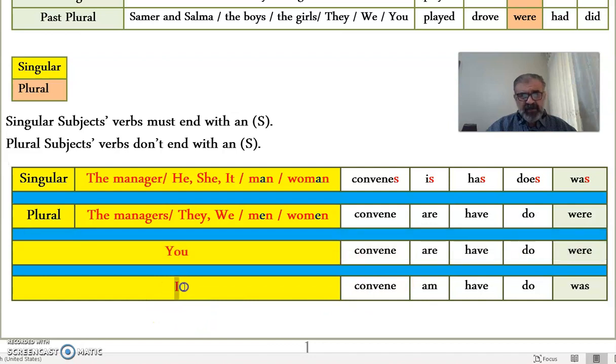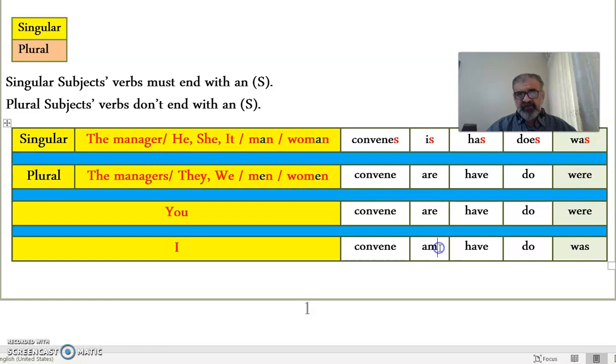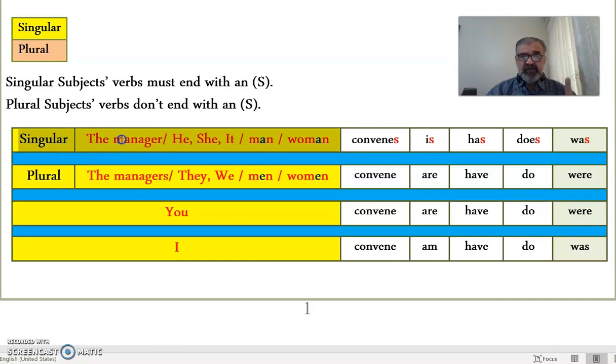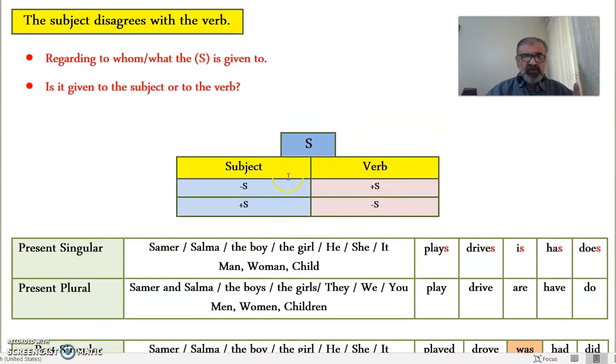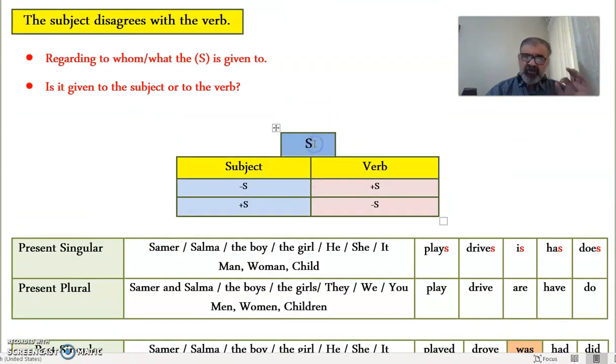Now, maybe I has only one exception with regard to the verb to be, as you can see, I am. Other than that, the rule applies simply like I said before. Okay? So this is singular and plural. Again, all singular subjects, their verbs should end with an S, because there's going to be a missing S. If you remember, we said there is only one S. It should either be given to the subject or the verb.